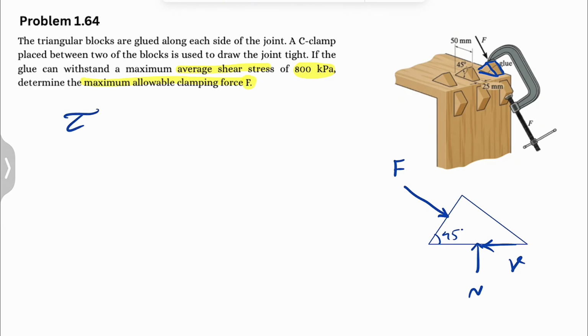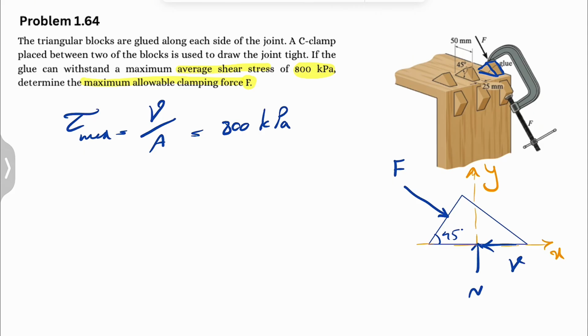So what we have from the question is the maximum shear stress, which is basically V over the area, and we need to figure out these forces before we jump into the maximum shear stress, which we know is 800 kilopascals. We can define our x and y before we start, and obviously we are in equilibrium, so we can use our equilibrium equations.